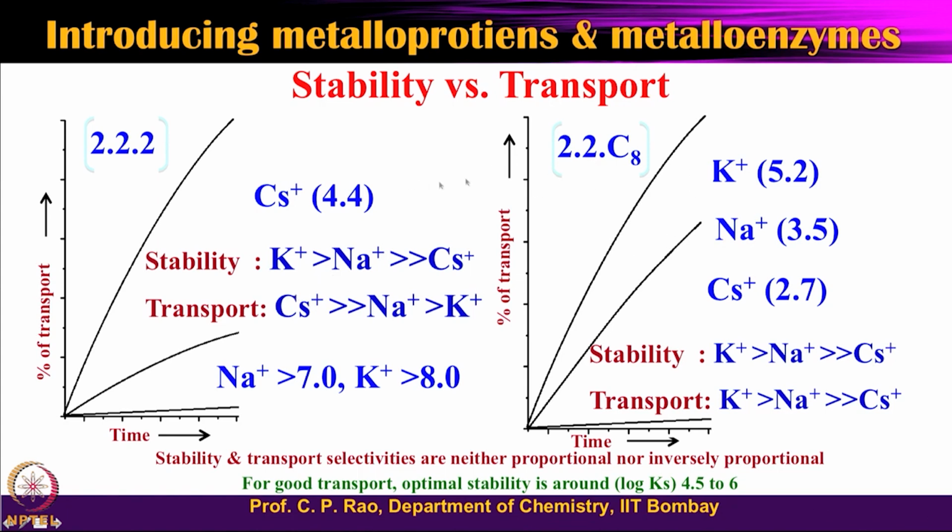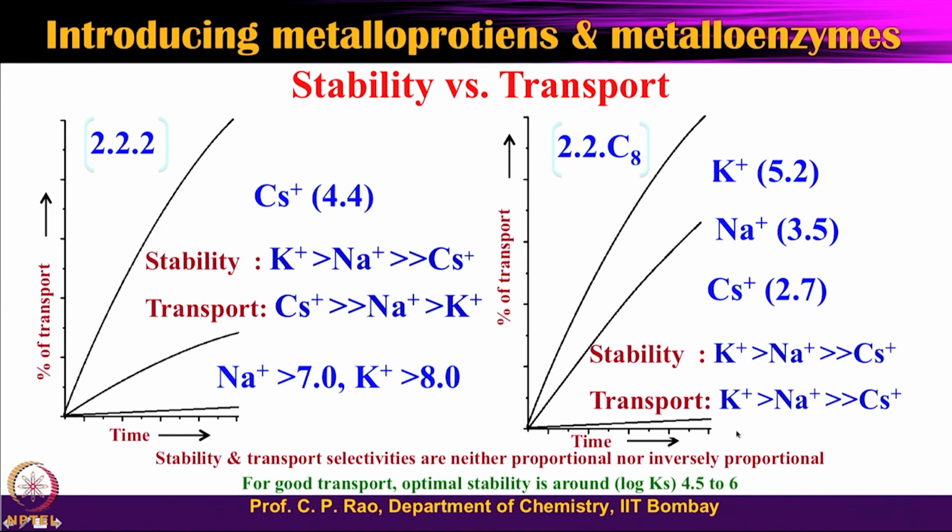Now, instead of that, you take a ligand with an 8 carbon chain and no 2 oxygens. Then what happens is that cesium shows very little, sodium shows somewhat better, and potassium shows the maximum. Potassium has a log K of 5, sodium has 3.5, and cesium has 2.7.